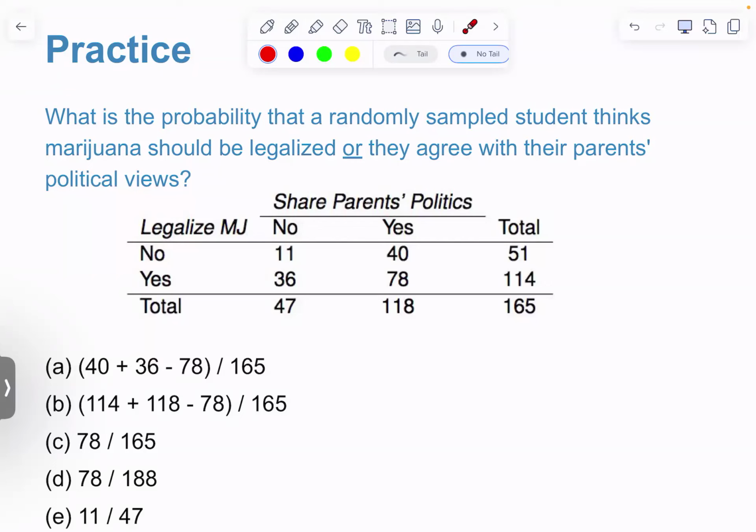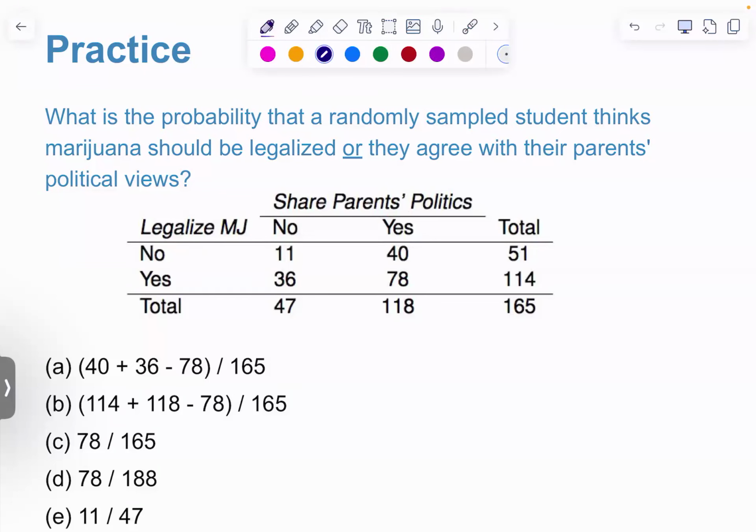So we've got 2 categorical variables summarized in a contingency table. Like I said, we can use this contingency table to find probabilities, assuming that our sample is representative of the entire population of students, then we can use it as a probability. So we want to know the probability that a randomly sampled student thinks marijuana should be legalized, or they agree with their parents' political views.